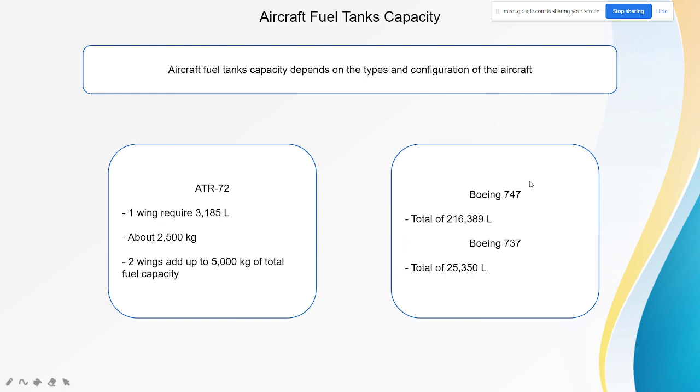For Boeing, since it is a large aircraft, it has a capacity of 200,000 plus liters. The Boeing 737 also has a large capacity since both are large aircraft.